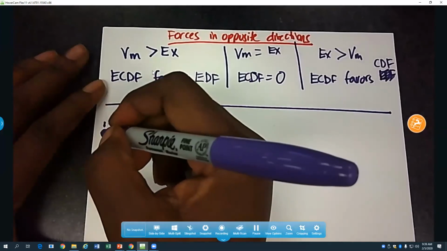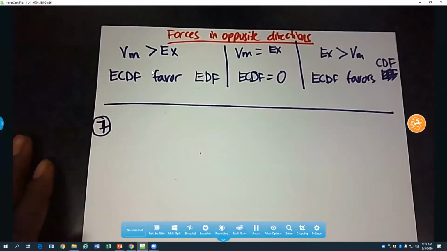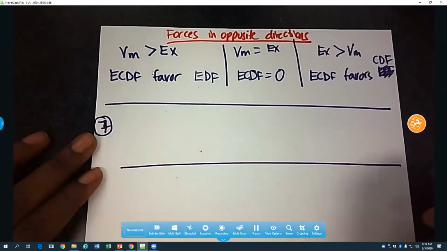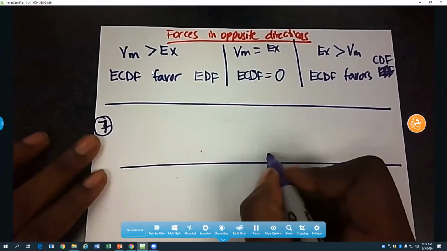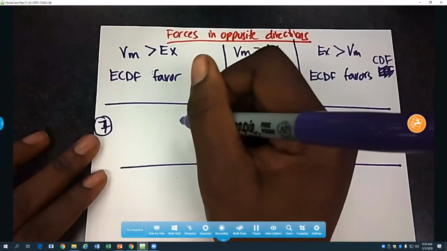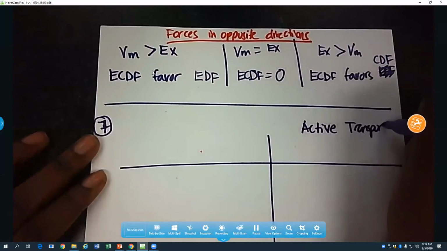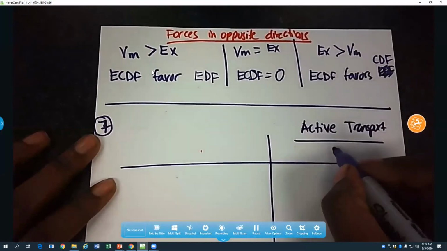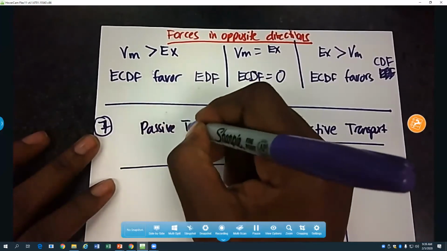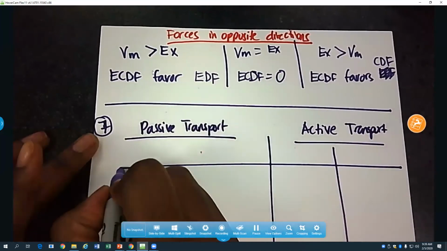Now the last thing we spoke about here before we wrapped up was the forms of movement, the forms of cellular transport. So we talked about active transport, which had two types, and passive transport, which had three types here.